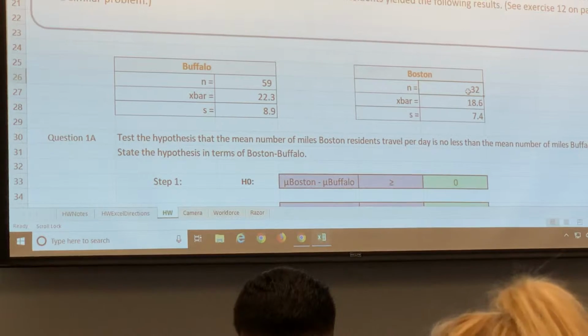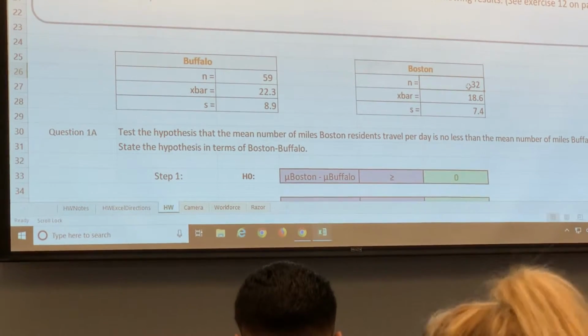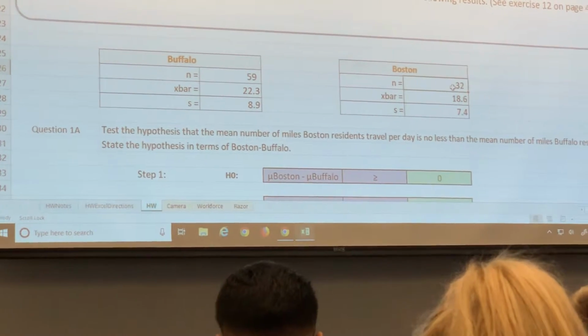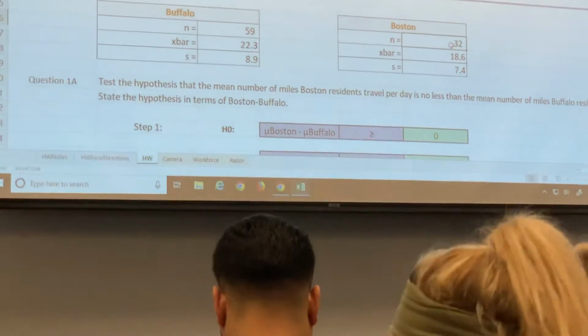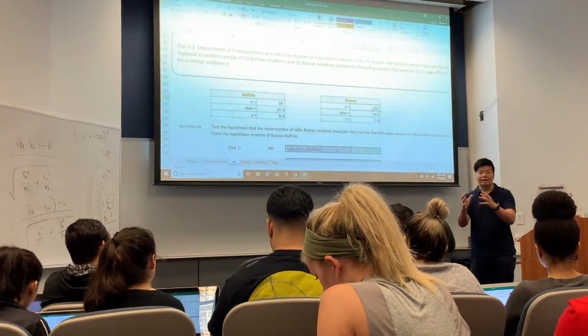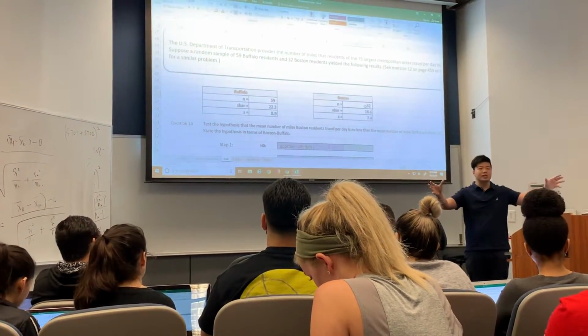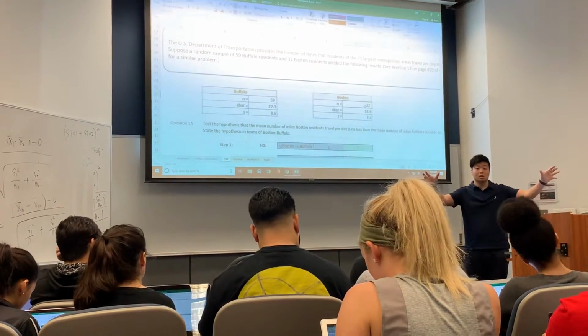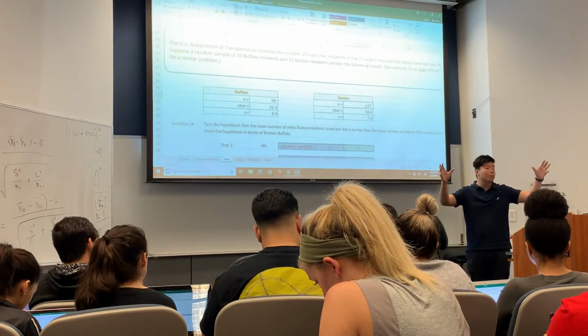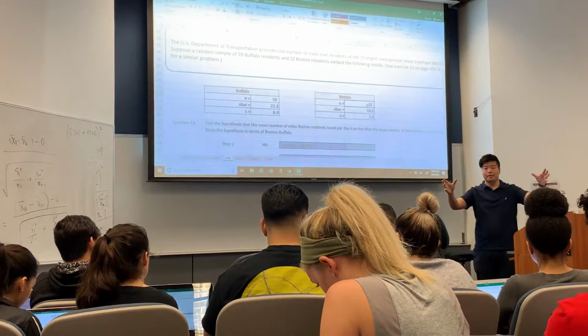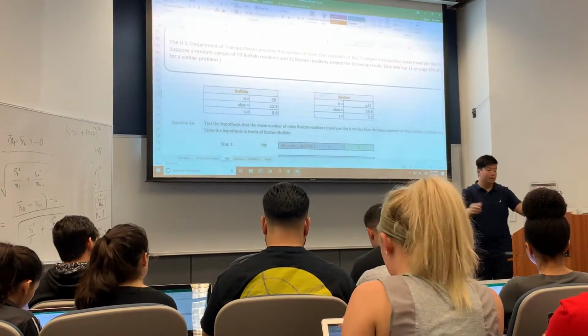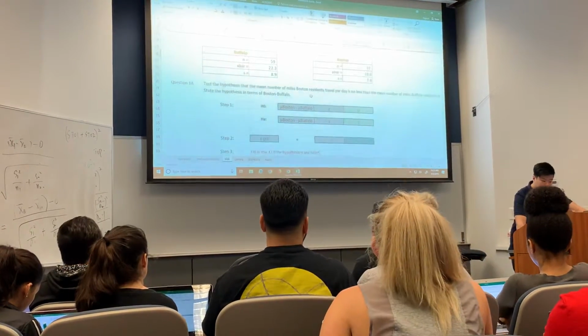The reason we're doing this is we want to use the sample data to predict how these 2 cities, how these 2 populations, work.